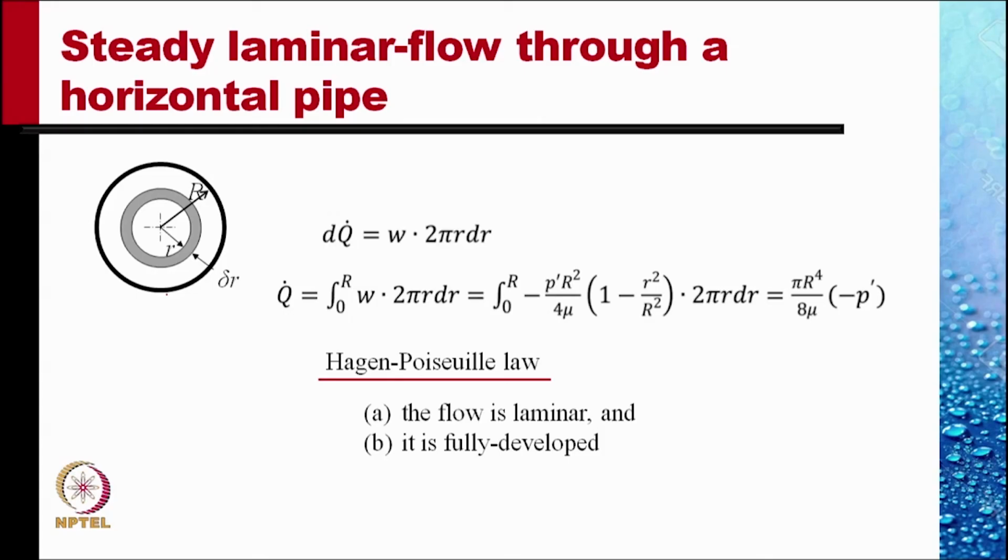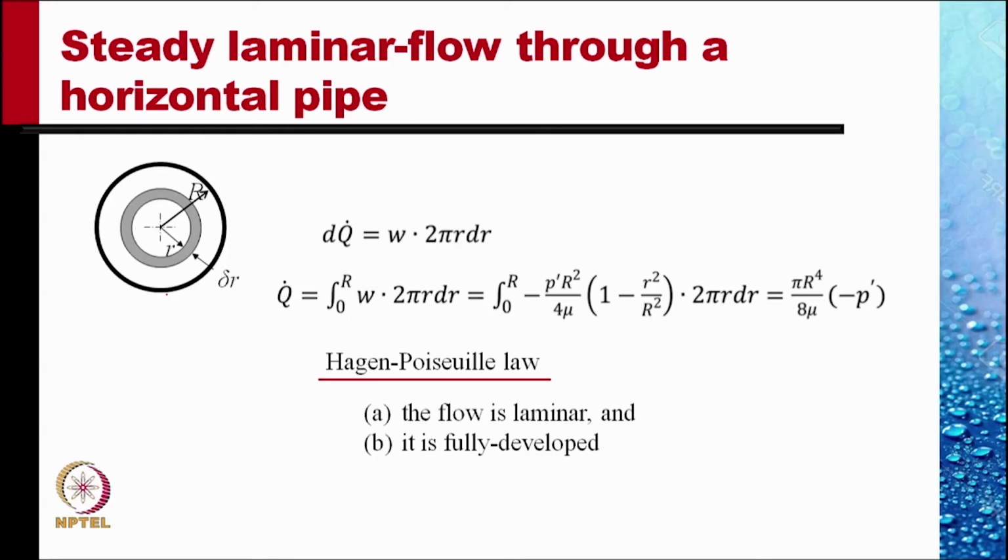This is known as Hagen-Poiseuille law. We have assumed the flow to be laminar and fully developed. Fully developed is an assumption we made explicitly.